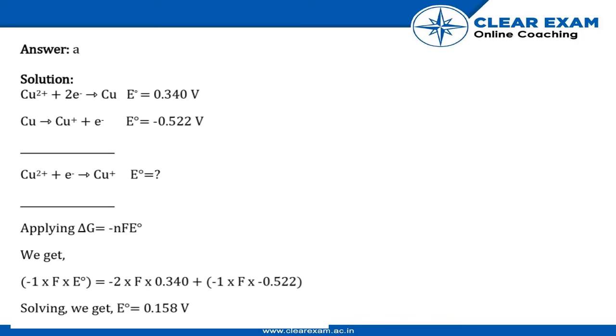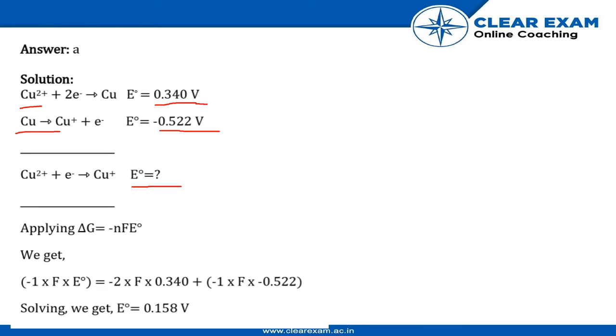And now let us find how option A is correct. So we are given Cu2+/Cu E naught is 0.340 volt, and for Cu+/Cu it's 0.522 volt. And we have to find the E naught for Cu2+/Cu+.